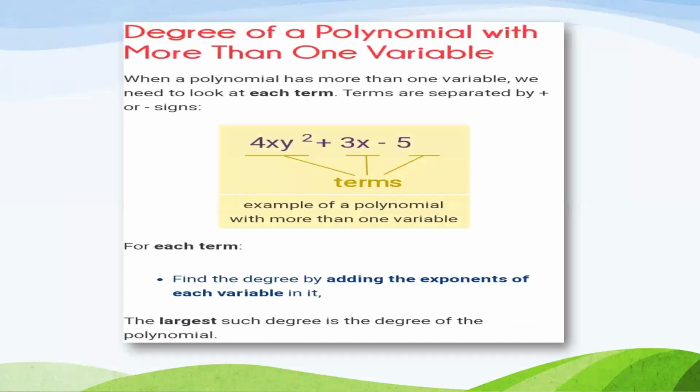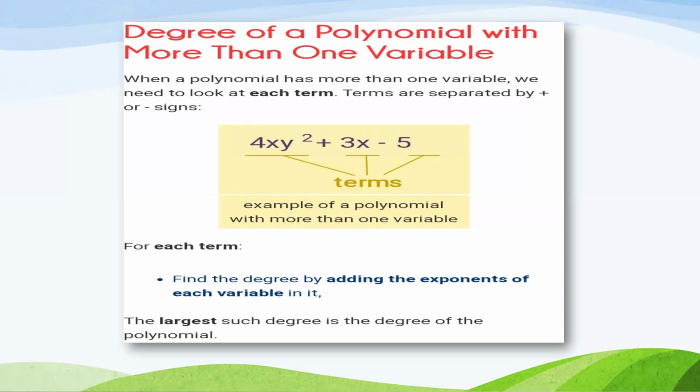But what about the degree of the polynomial when more than one variable is there? For example, in our question, it is written 4xy squared plus 3x minus 5. In this question, we can see that there are two terms. So what is the meaning?